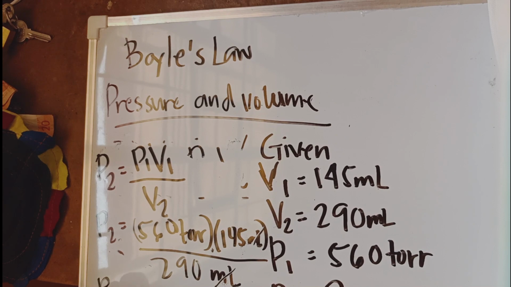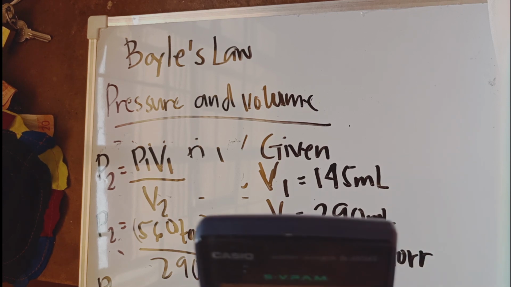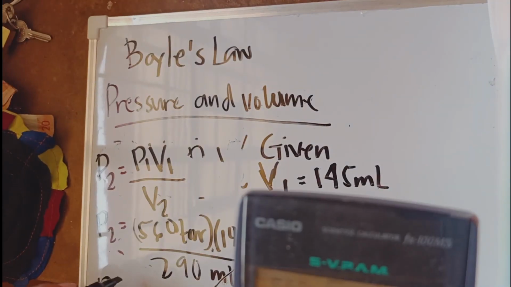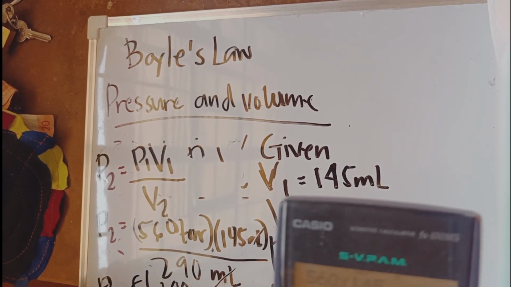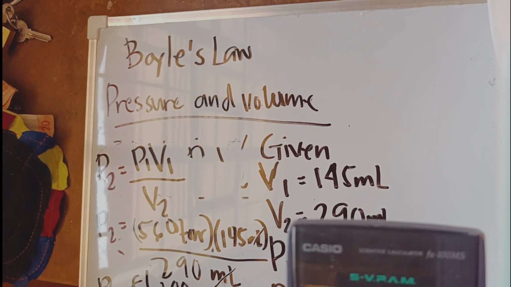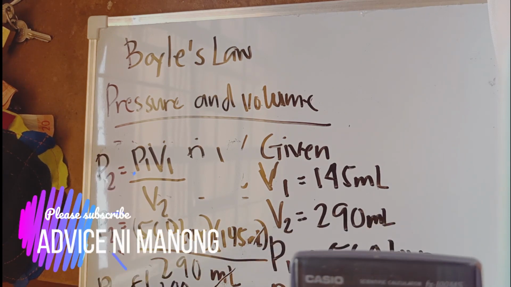So pressure 2 will be 560 multiplied by 145, which gives 81,200, over 290. The ml is already cancelled out.